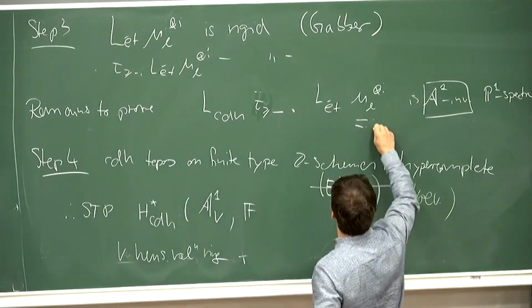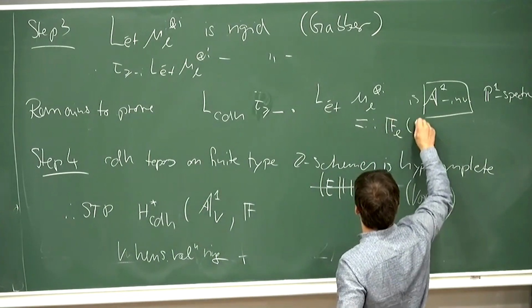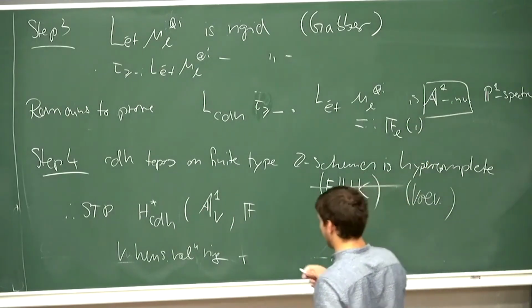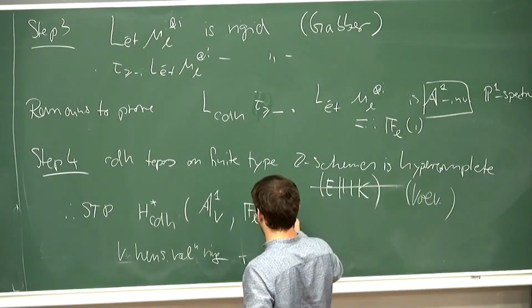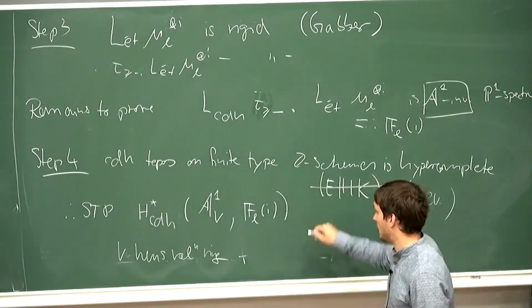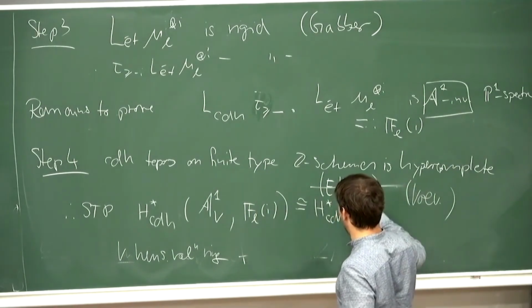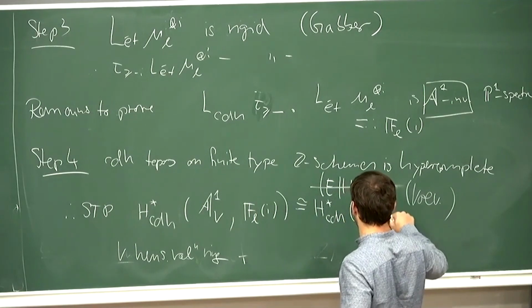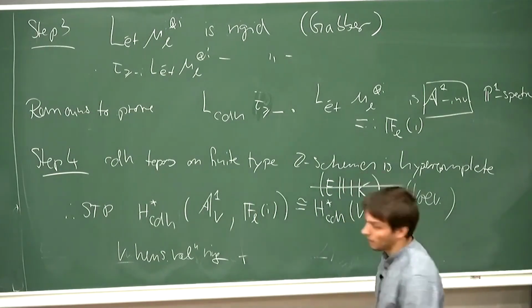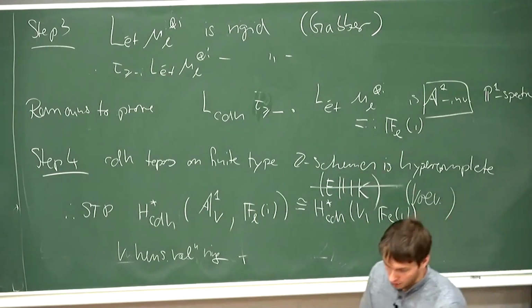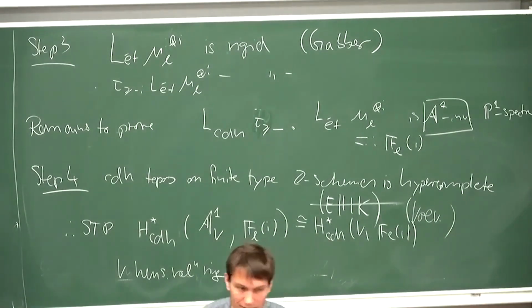So this guy here I call FLI. Okay, so this should be the same thing as the cohomology of just V. So we are reducing from a general base scheme to a valuation ring.